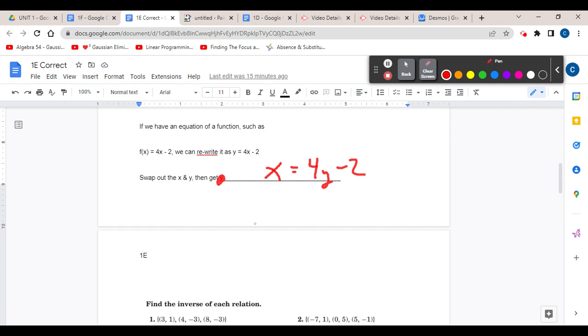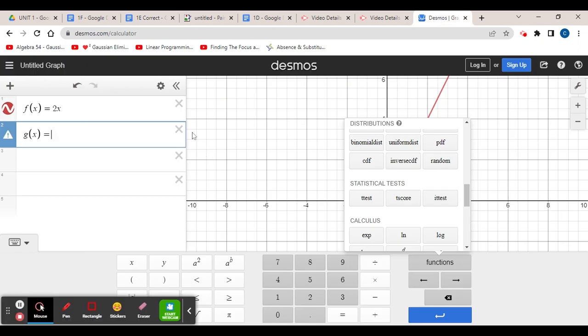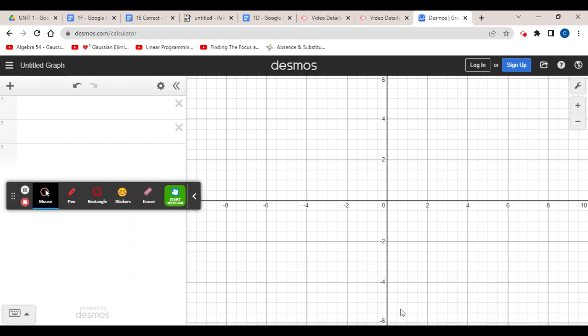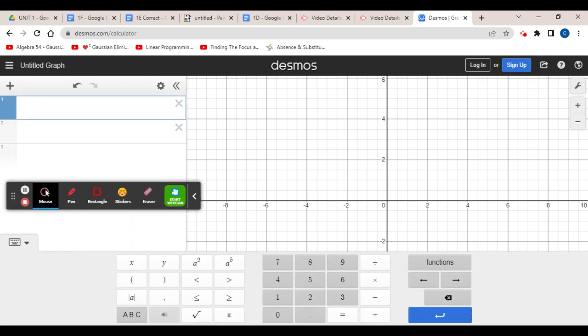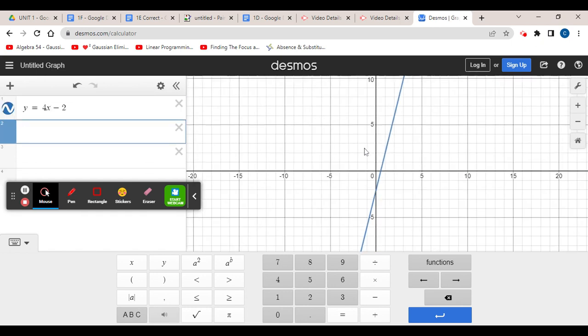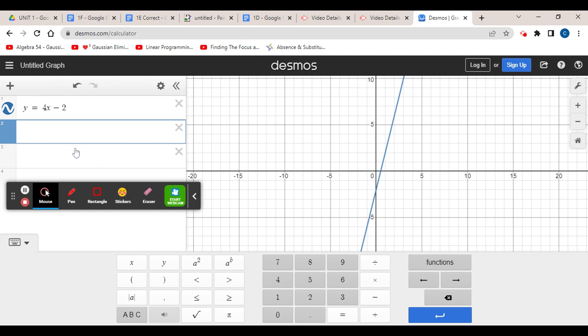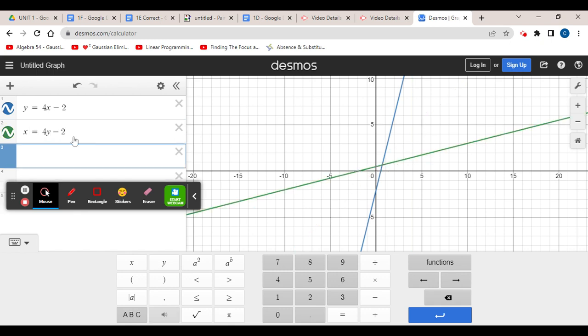What is really cool is that in the Desmos calculator, which I didn't have when I was young, you could type these functions in just like that. If I go over to the Desmos graphing calculator, looking at the first function, y equals 4x minus 2, we can graph the inverse by just flipping: x equals 4y minus 2.